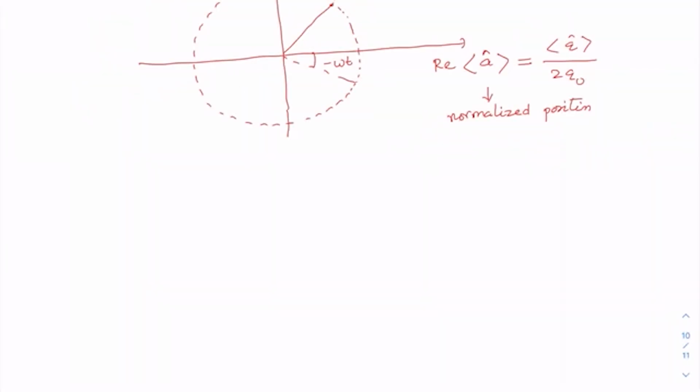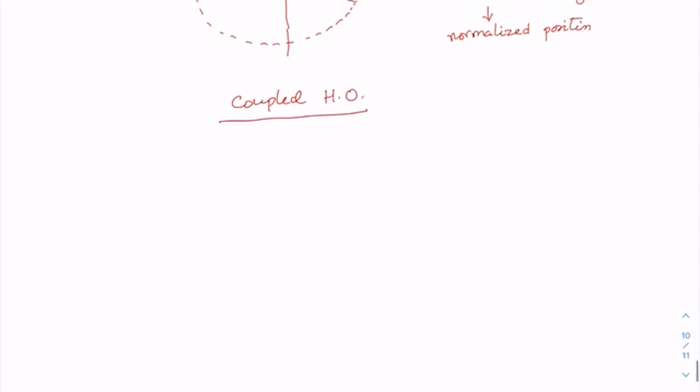As a final topic of this particular lecture, let us discuss how to model a system of coupled harmonic oscillators quantum mechanically. Say we have a two spring-mass system like this.